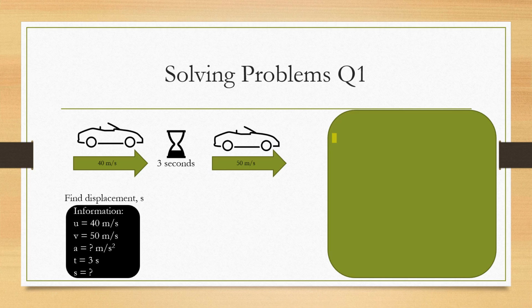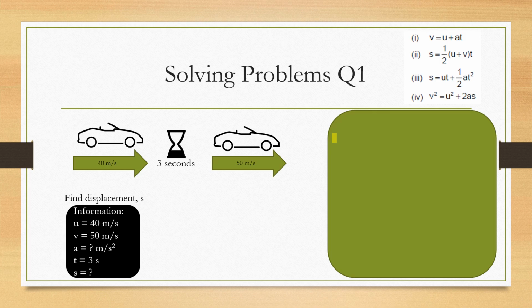From all four equations, which one should we choose? Let's look at what information we have. We want to find s, so we choose equation 2, 3, or 4. For equations 3 and 4, we need to have acceleration.